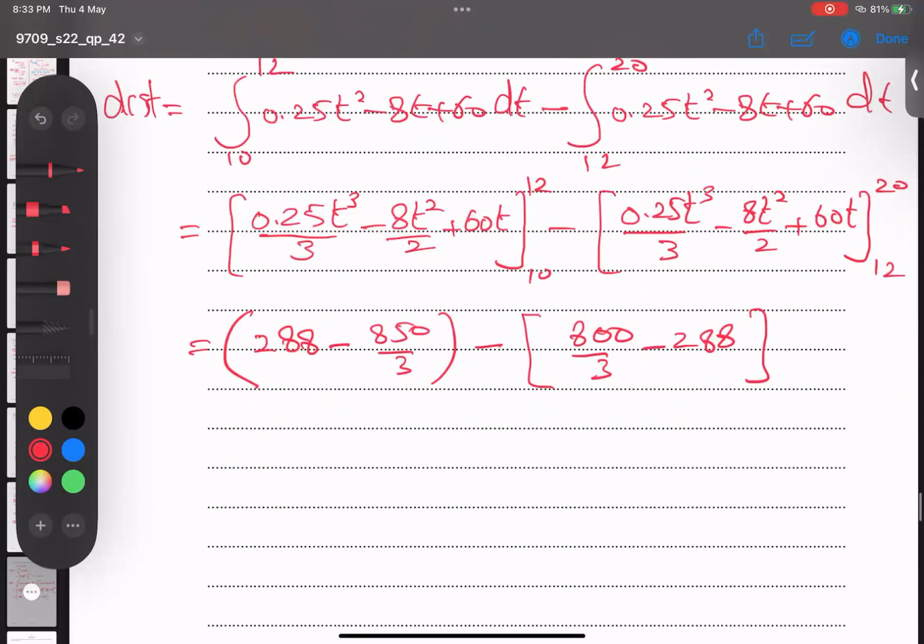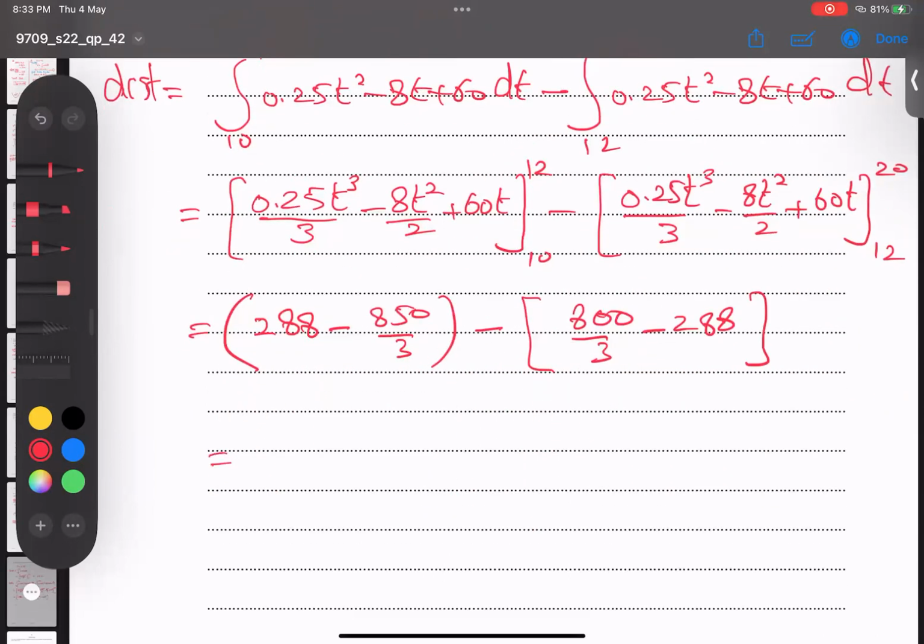And now what is the technique? This answer, let me type finally. 288 minus 850 divided by 3, so 14 by 3 is coming from here. And 800 divided by 3 minus 288, this negative, comes to 64 by 3.